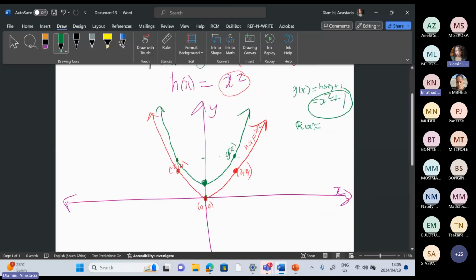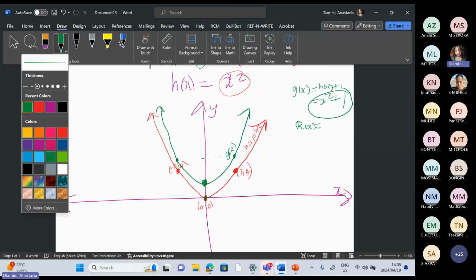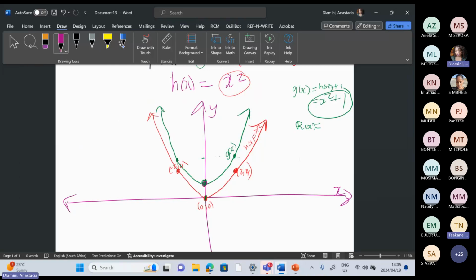Let me choose a different color. We are shifting it to the right, so which value is changing, the x or the y? X. We know the y value is 1, and this is 0, 1. With this point, where is it going to go? 3 and 1.